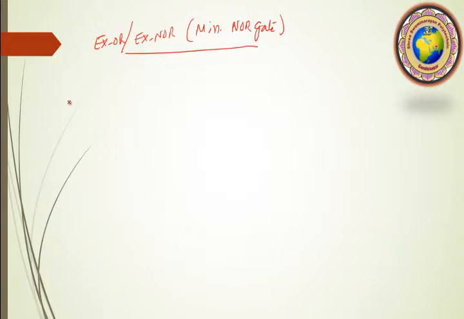How we can draw XOR or XNOR with minimum NOR gates. Okay, so what happened? I just draw first XOR by using minimum gates.